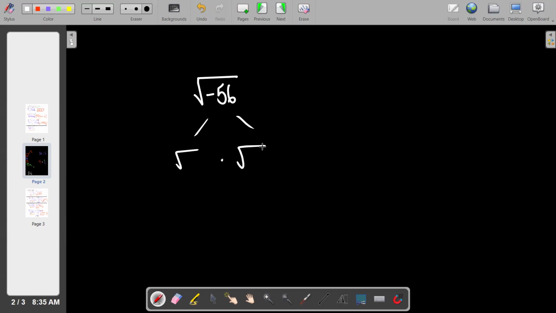I need an i, but really what your thinking should be is leave the i for later. You should just treat this like a 56, right? So you're still just going to do root 4 and root 14, and you're going to get the same answer. You're going to get 2 roots of 14. You just have to be cognizant of the fact that it's imaginary. Acknowledge that by sticking an i right there. So don't let the i thing get you down. No big deal.